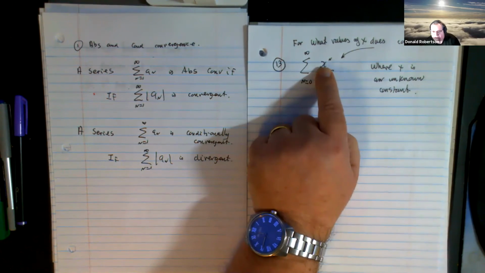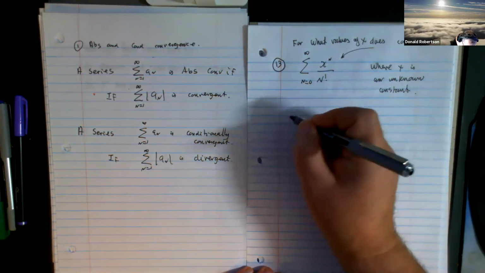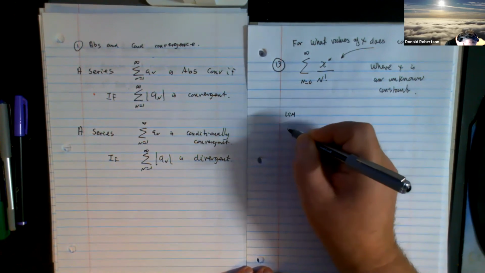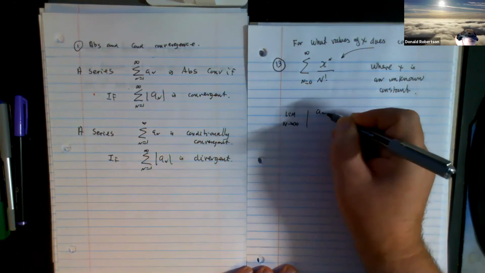Now, I want you to think of x as being a number, 4 to the power of x, or a fraction, a half to the power of x, right? It's a fixed value. The way I'm going to solve this is I'm going to use the ratio test.